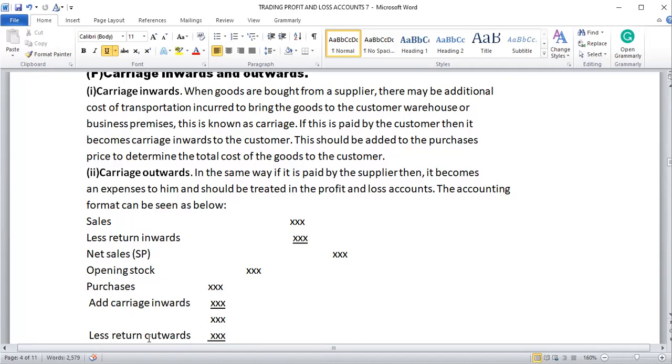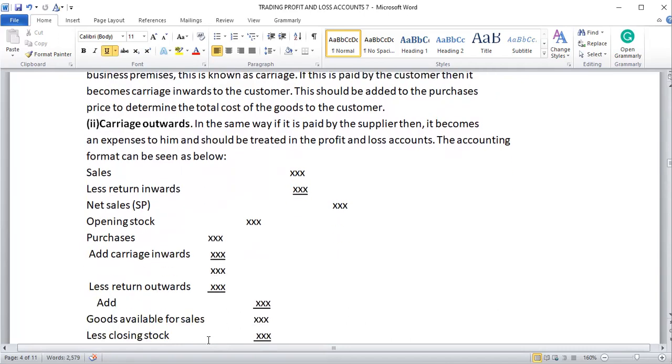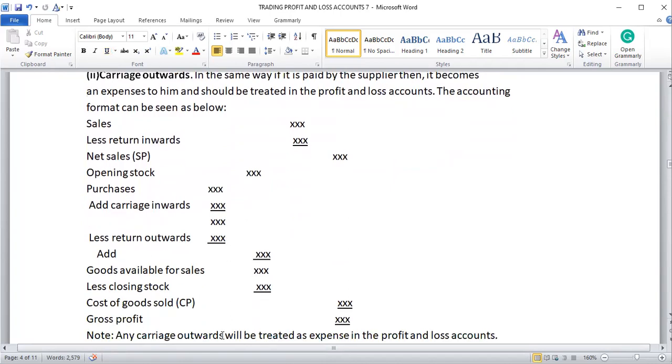Then any goods that have been returned by the owner back to the supplier, we deduct, so that at the end of the day we have our total purchases. Then we add it to our opening stock. We get goods available for sale. Then we deduct our closing stock, and we get the cost of goods sold. We take our net sales, deduct our cost of goods sold, and we get gross profit.